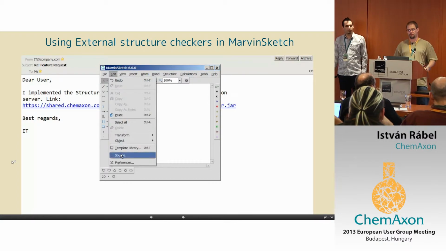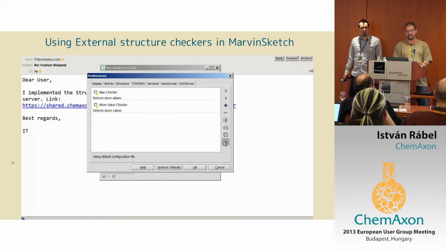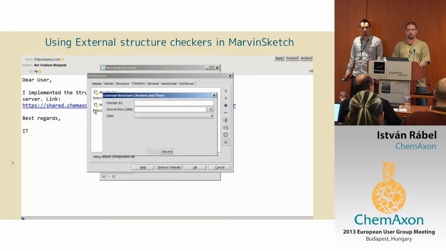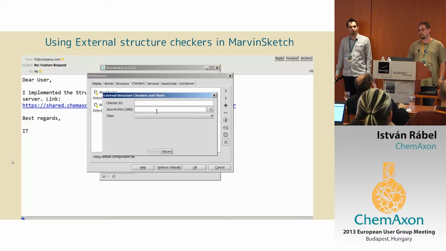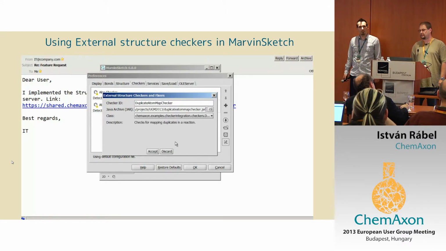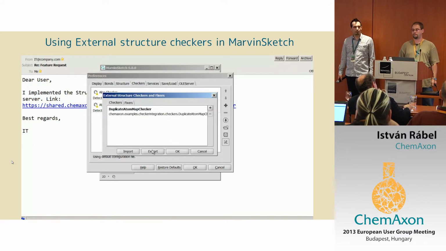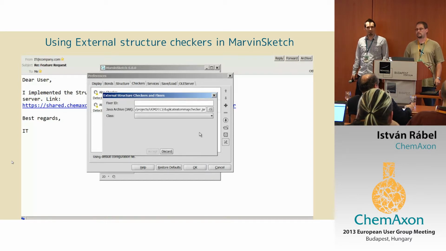Well, they have to fire up Marvin Sketch, go to preferences, and they can easily add the checker from the URL. So they just have to copy and paste the URL from the email. Paste it. The system will automatically recognize and download the jar file with the checker. So the checker is there. Also, the IT personnel created two fixers to fix this kind of problem.